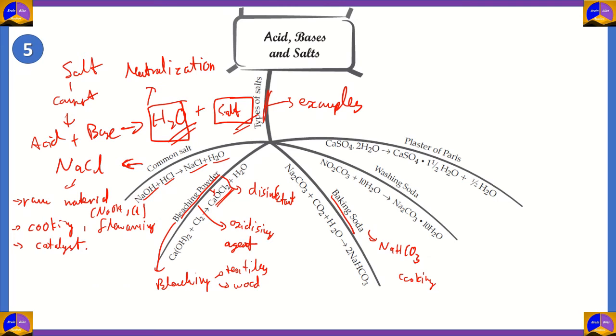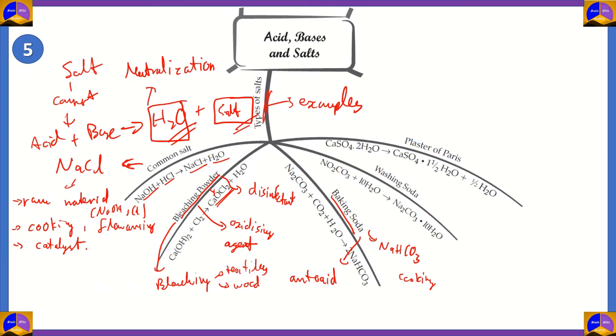Another use for baking soda is as an antacid. If you are injected by an acid, for example an ant bite, then an ant injects acid into you. So if you rub baking soda over that, then the swelling will subside, because a neutralization reaction is taking place.